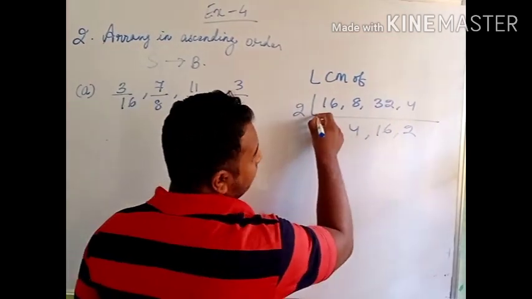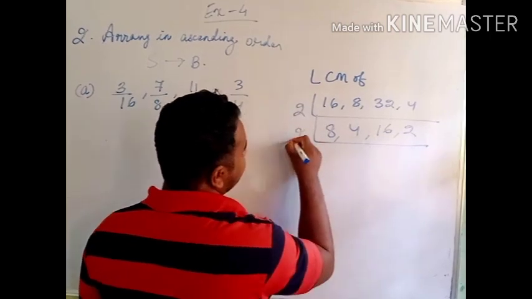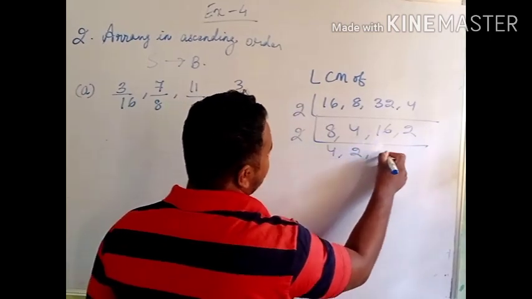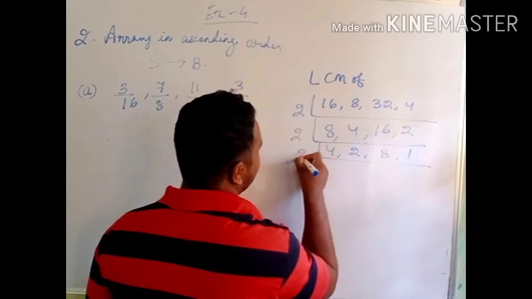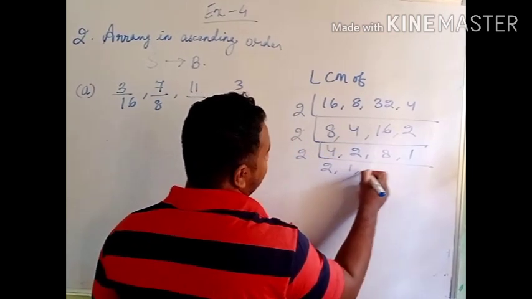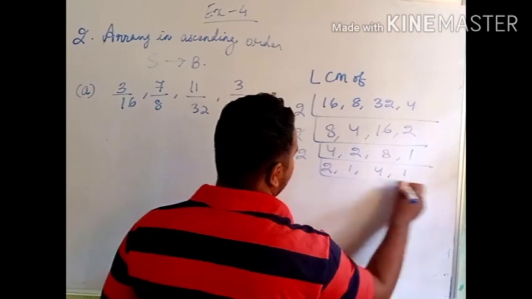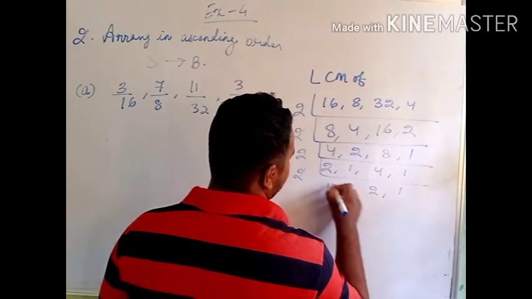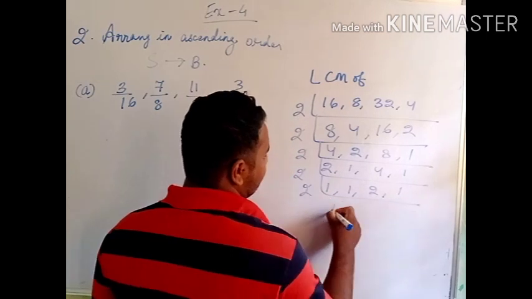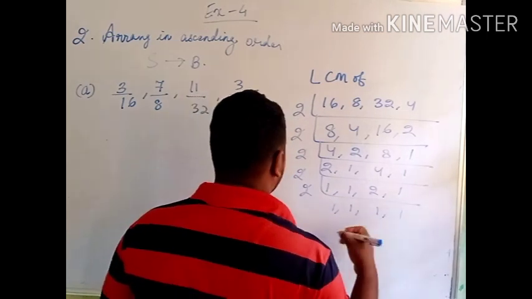Now next 2 table. Again 2 table. Then again 2 table. Then again 2 table. Finished?